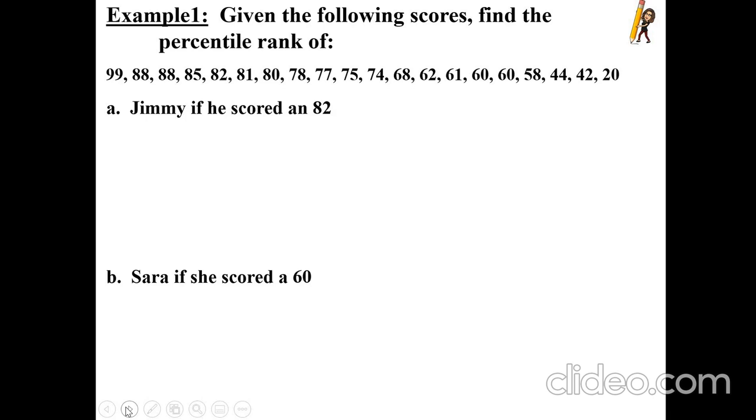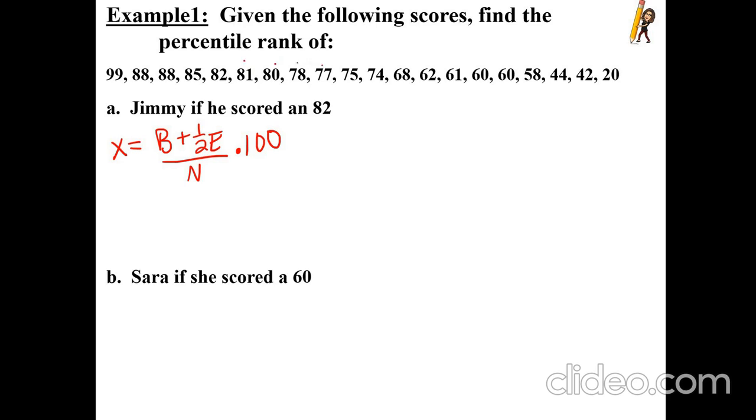So given the following scores, find the percentile rank of Jimmy, who scored an 82. So we need all of the data values that have scored below an 82 plus 1/2 of all the data values that were an 82, divided by the total number of data values, all times that 100. So let's look at how many test scores were below an 82.